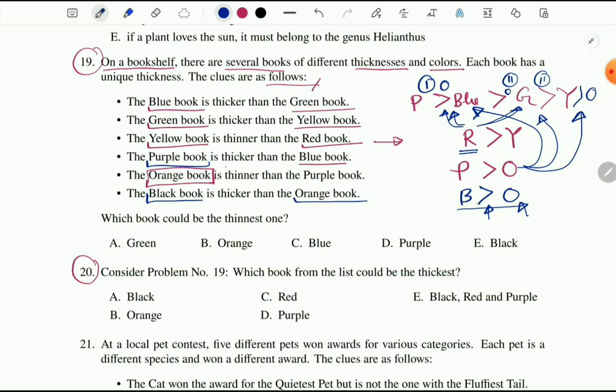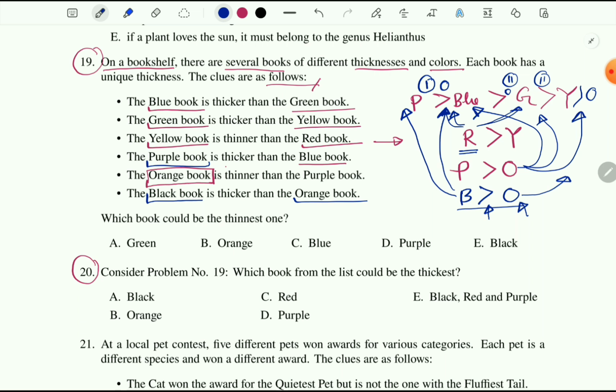I mean, black should always be thicker than orange. But remember, black can be positioned thicker than purple, so it could be the thickest, or black could be thicker than blue, or thicker than green, or thicker than yellow if orange is the thinnest.